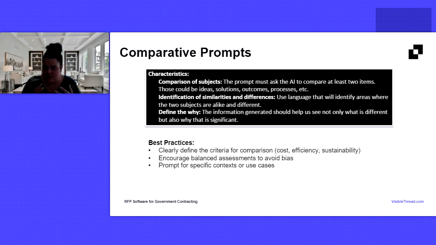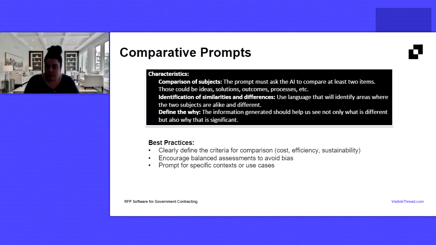So we work through identifying the differences and then categorizing. And then defining the why: not just what the differences between these two are, but why that is significant and impactful for the task or research at hand.